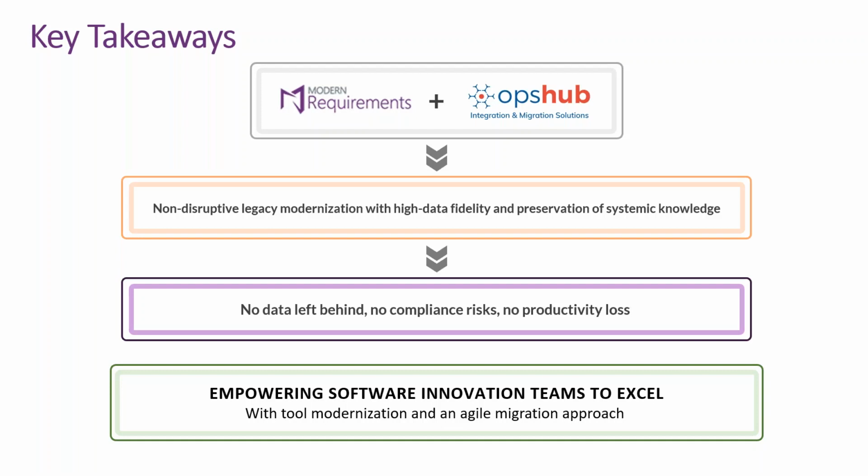All the data, including the history, attachments, comments, hierarchy, was available in Modern Requirements as is, which results in no compliance risk and at the same time no productivity loss, because users can continue to use the tool while migration is going on. And so this is how we empower software innovation teams to excel.